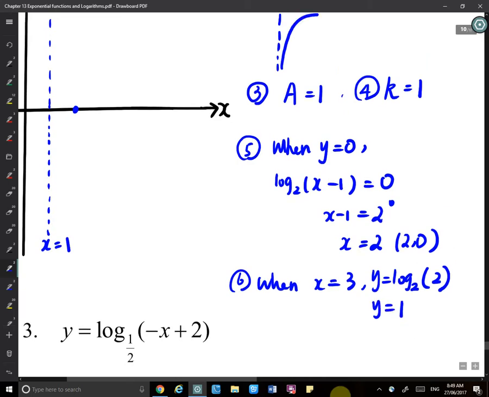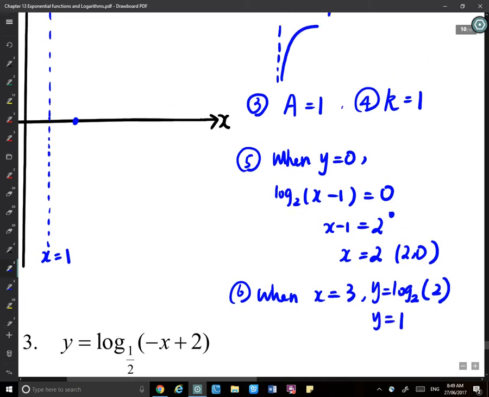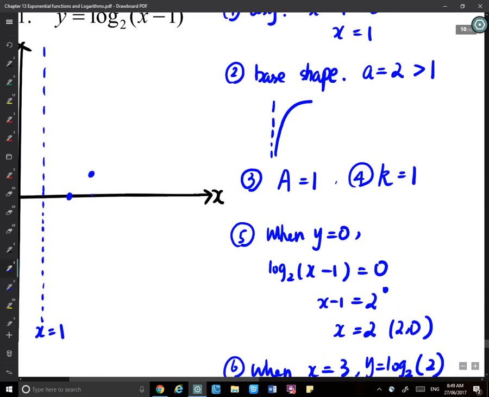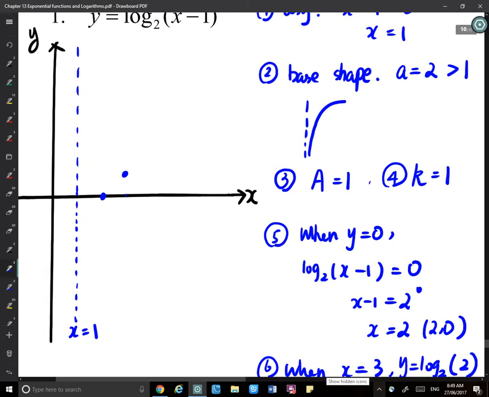So you will have coordinates (3, 1). 3 is here, 1 is here. Okay, that's the shape of the graph. So you have to choose (3, 1) and (2, 0).